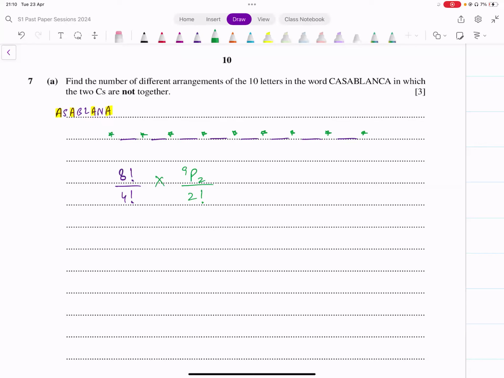Or in place of this, it's also okay to just do 9C2, because we are choosing 2 places to place C's and their order does not matter. The C's are identical. That will give you the same thing as well.